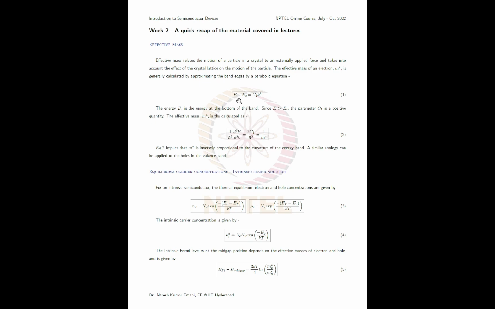You put in the value for energy versus k, and you get this. Here you see that the mass is inversely proportional to the curvature of the band. So the more curved the band is, the lower the mass will be.